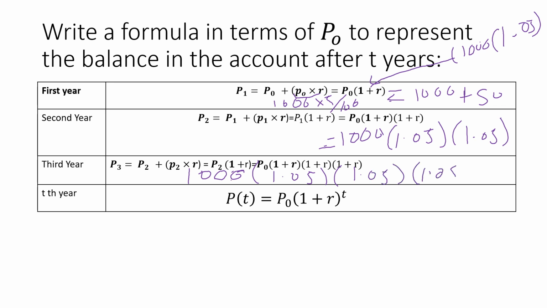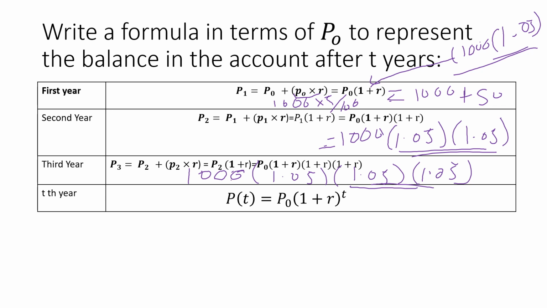So you see, when it's 1, you are multiplying by 1.05 one time, when it's 2, you're multiplying 2 times, when it's 3, you're multiplying 3 times. When it's n, or we can say t, you're multiplying t times. It's 1.05 to the power t, or n, or x.